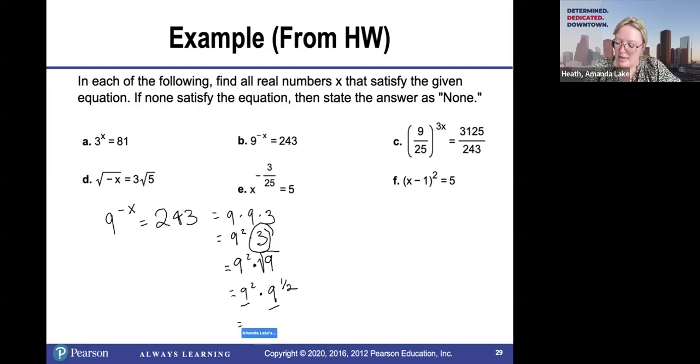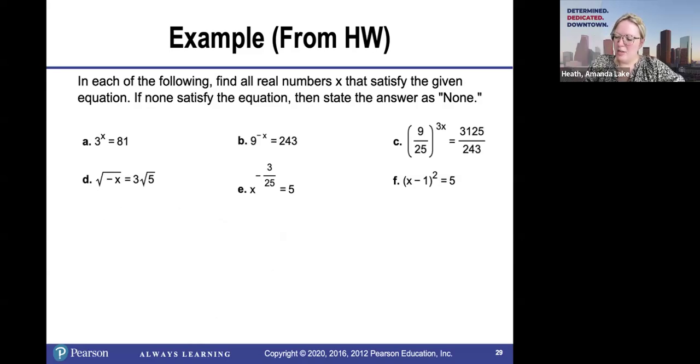So I get 9 to the 2 plus 1/2, 2.5, which is the same as the 5/2 power. So 9 to the negative x is 9 to the 5/2, which means that x is equal to negative 5/2. And then you can always check your answer by putting 9 to the 5/2 power into a calculator and seeing that it should equal 243.